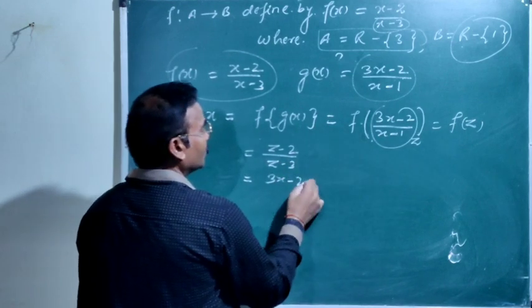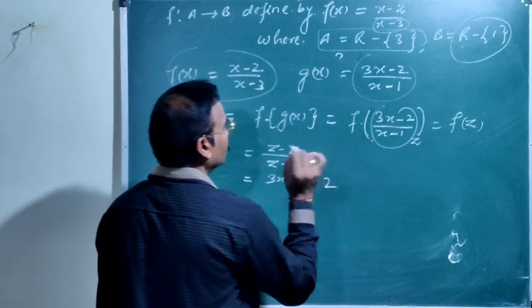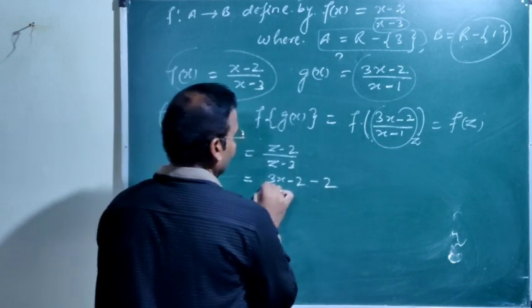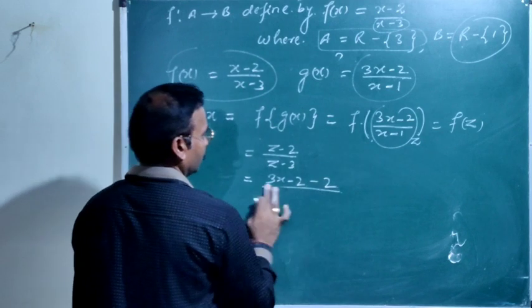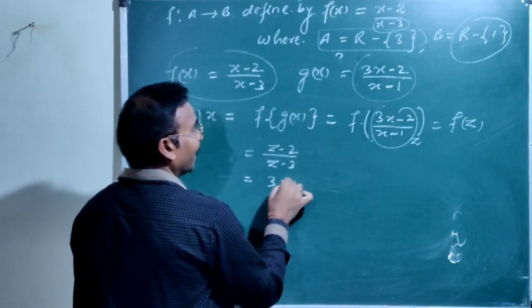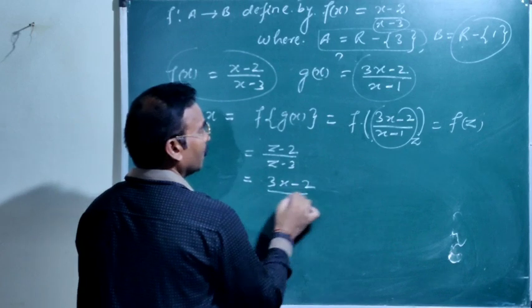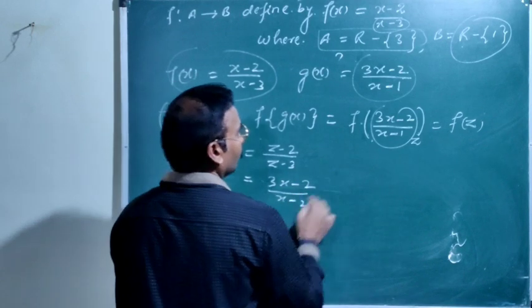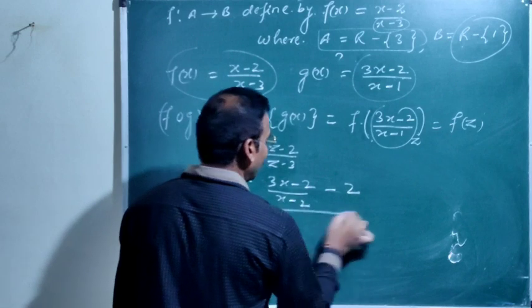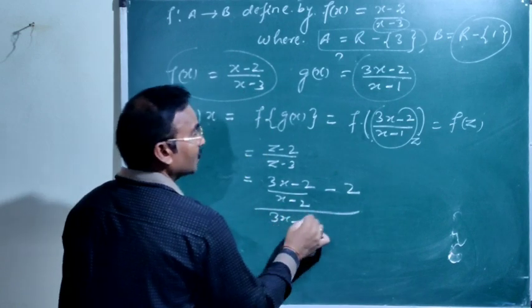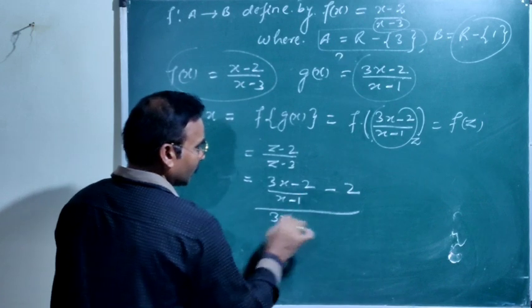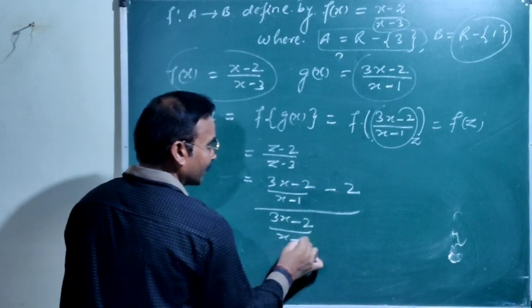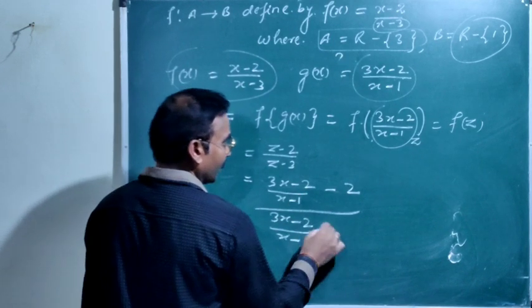So we get (3x minus 2) by (x minus 1) minus 2, divided by (3x minus 2) by (x minus 1) minus 3.